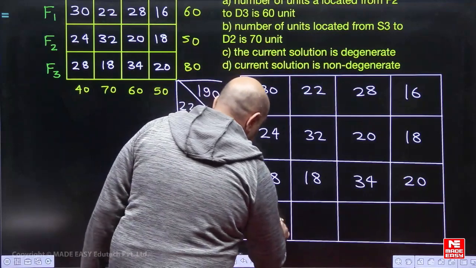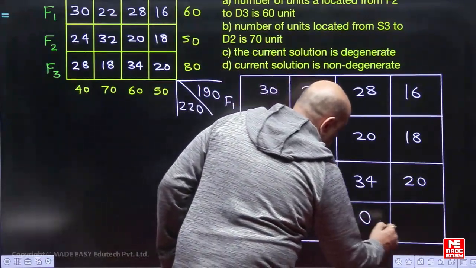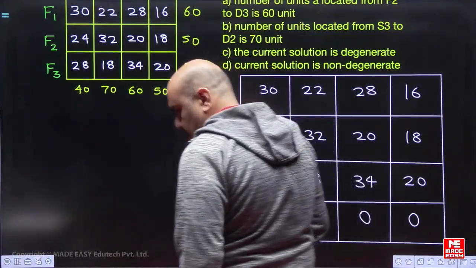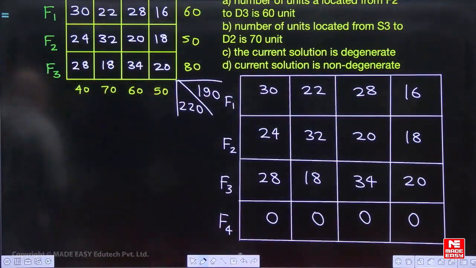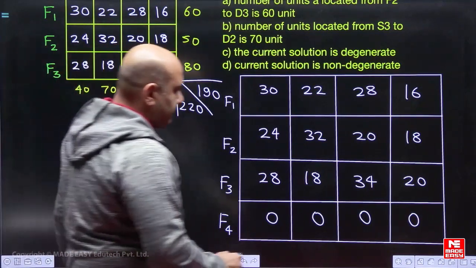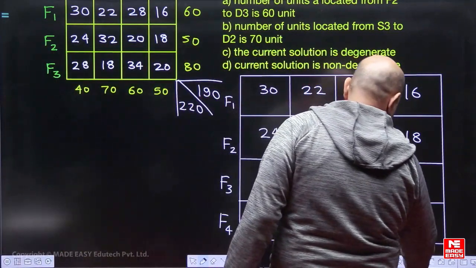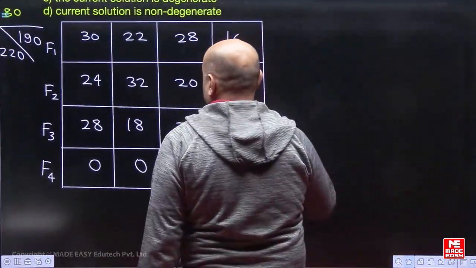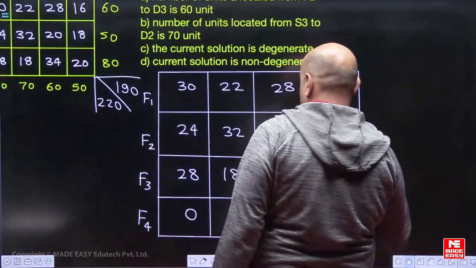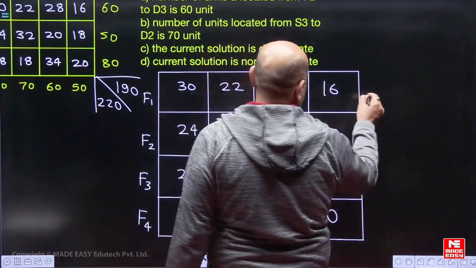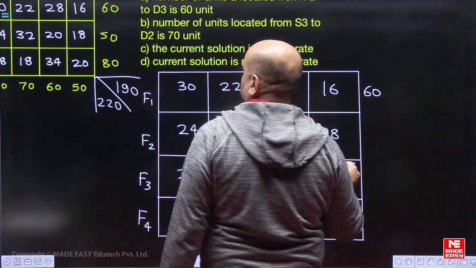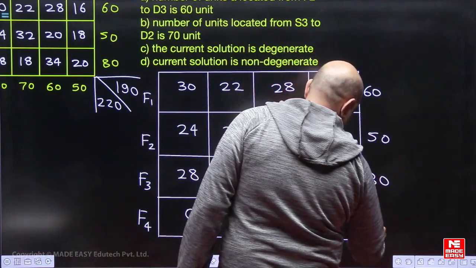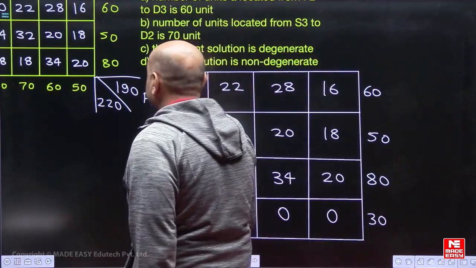So the cost value for the dummy will be 0. For a dummy, the cost is always 0, so we will take the cost value 0. The demands are 60, 50, 80, and for the dummy, 30 units.